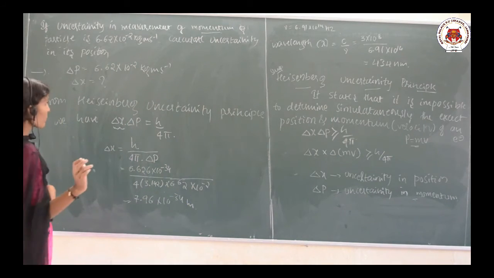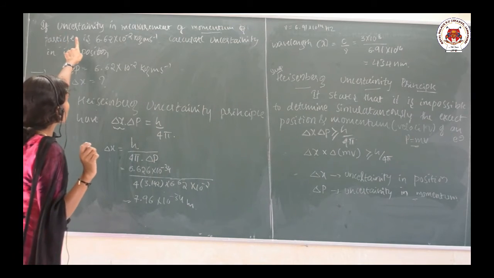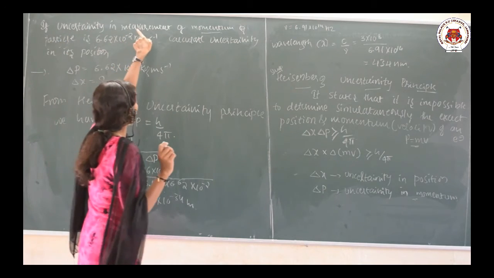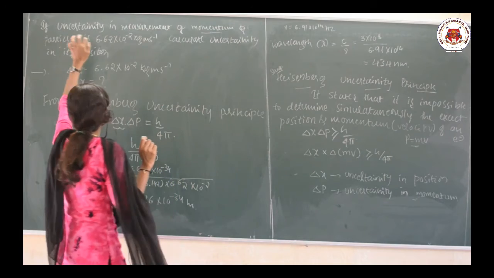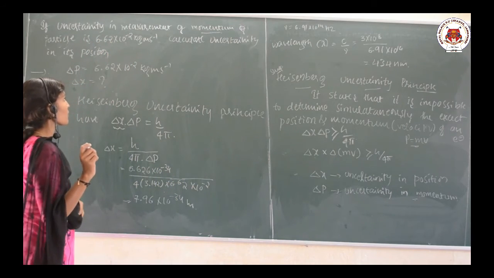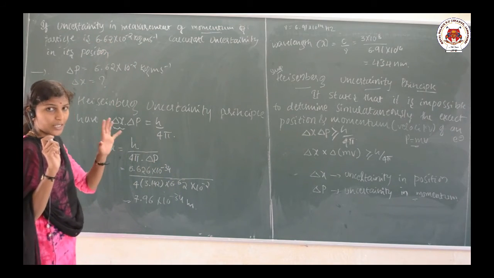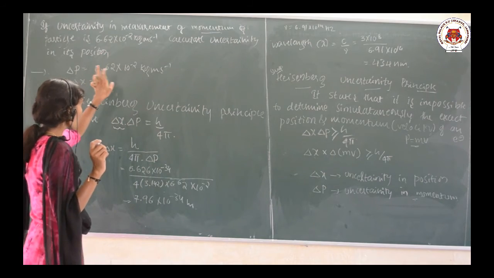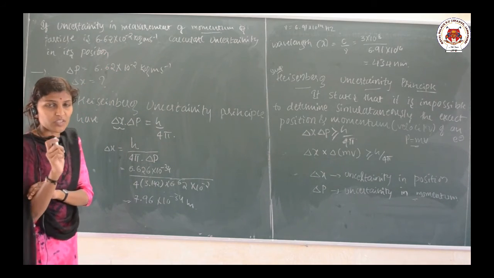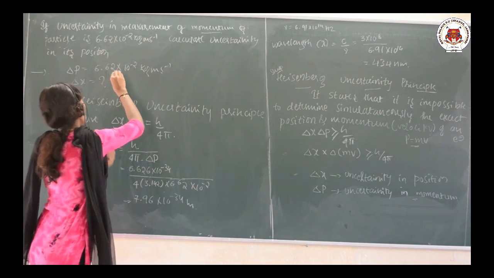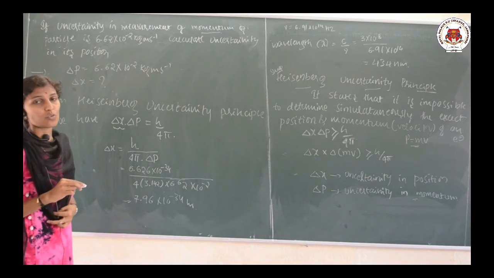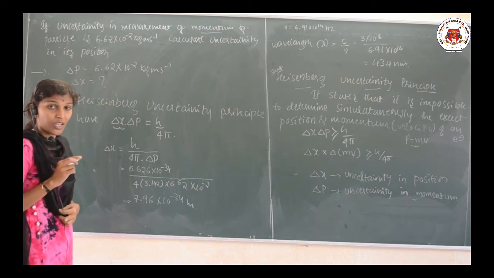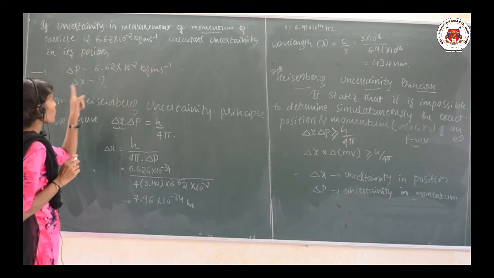Okay, simple. The question is that they have given, if the uncertainty in the measurement of the momentum of a particle is 6.626 into 10 to the power minus 2, it means the delta p value is 6.626 into 10 to the power minus 2 kg meter per second. And we need to find out delta x.